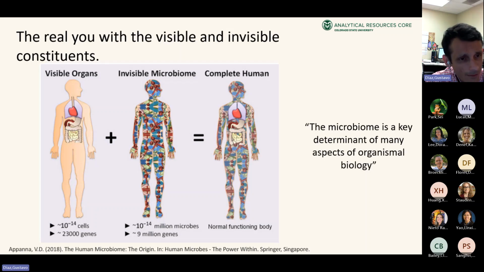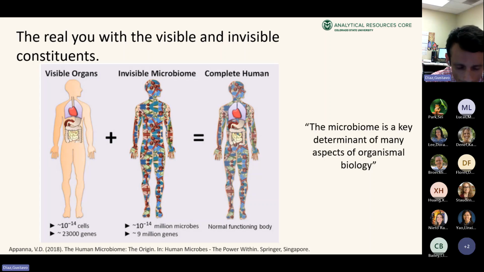In the middle, we'll see the invisible microbiome. And the numbers are just huge. So we have 1 million times more cells and around 500 times more genes. So the complete human is our cells plus our microbiome, and this is a normal functional body.